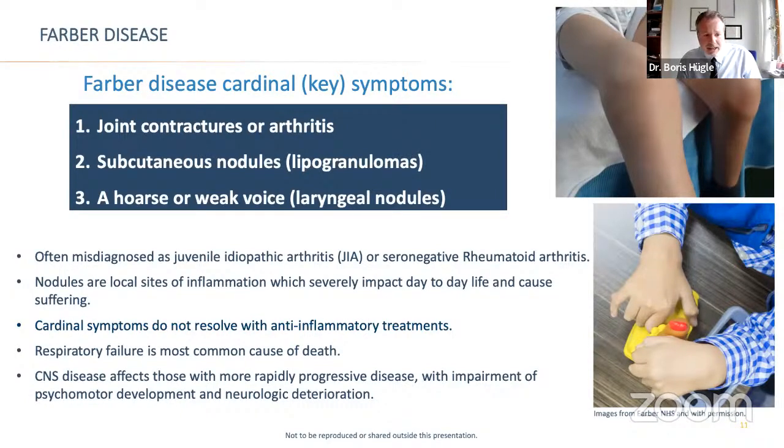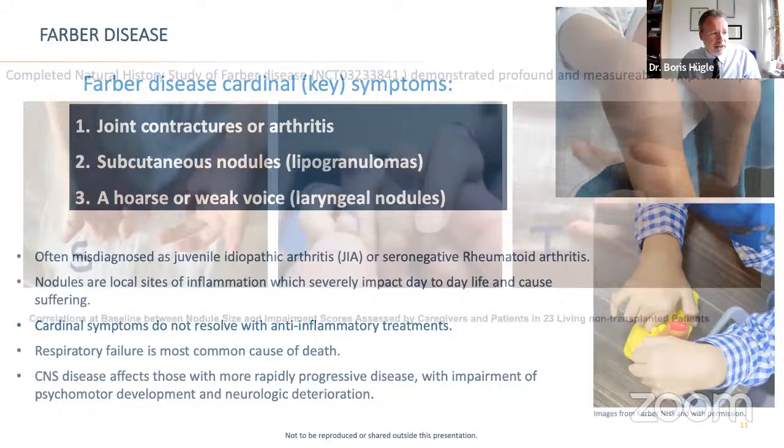Respiratory failure and CNS disease are only something that occurs in early cases, which you would see if you see these patients in infancy, like within the first year of life. The moderate phenotypes present much more like a JIA.